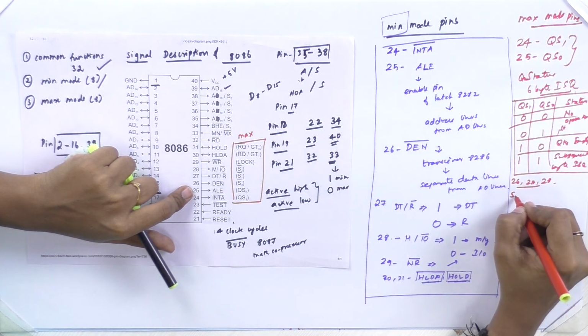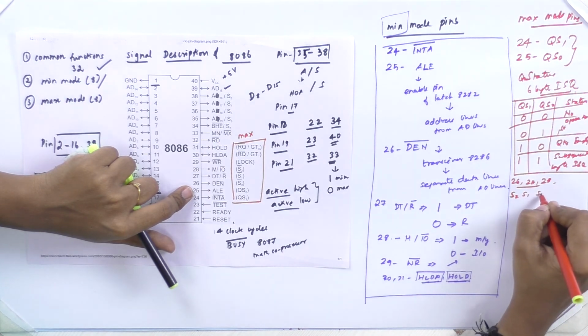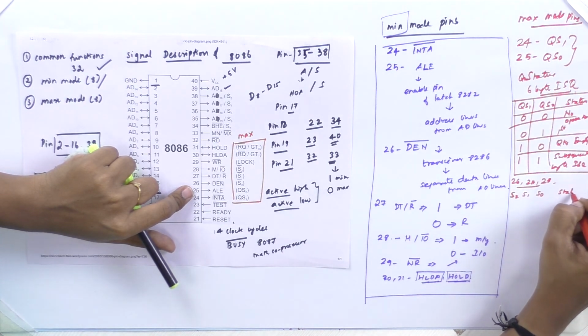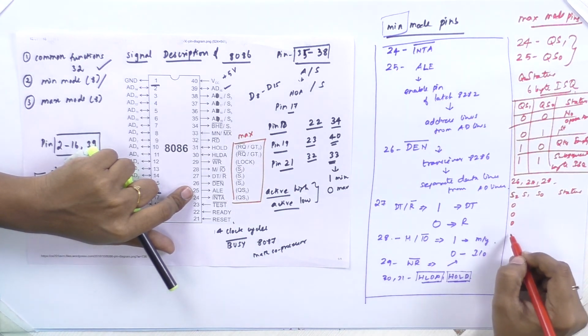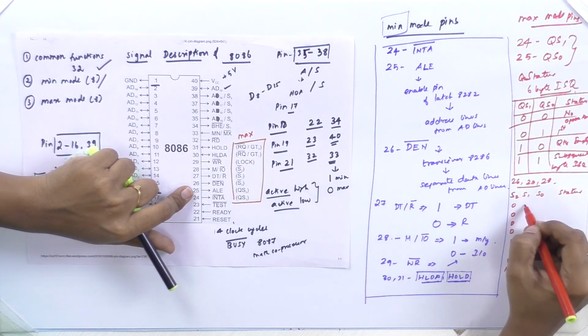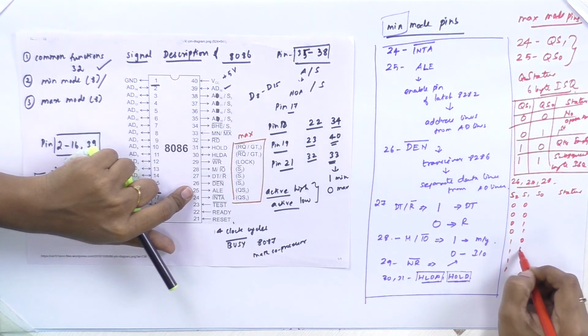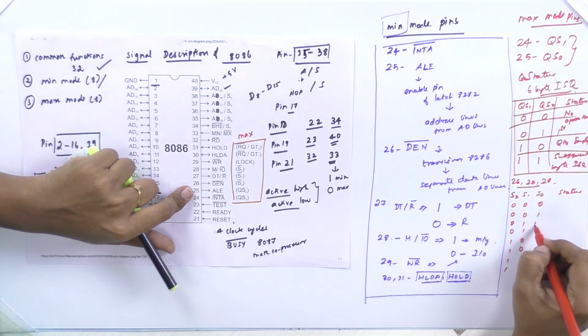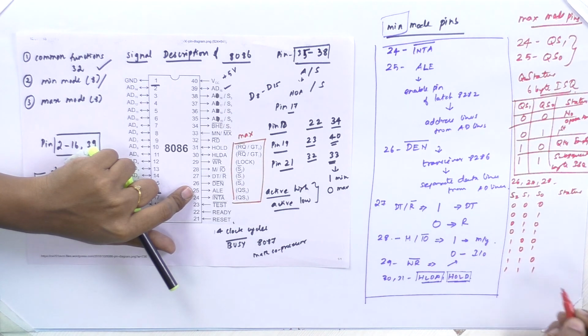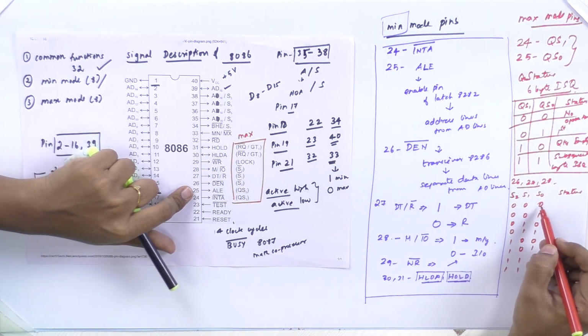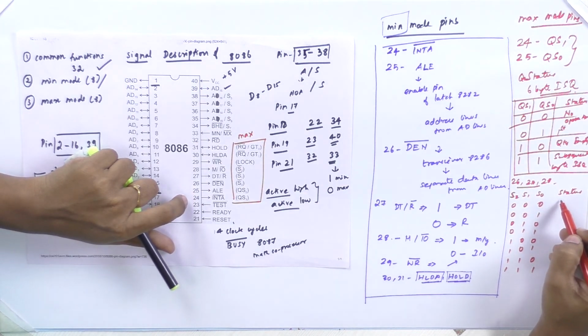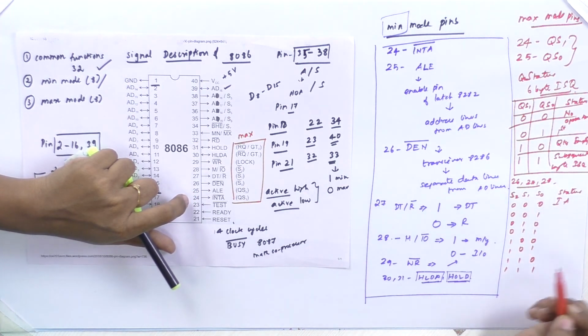So for the status pins S2, S1, S0, when the value of all the pins is logic 0, then the status is interrupt acknowledgement.